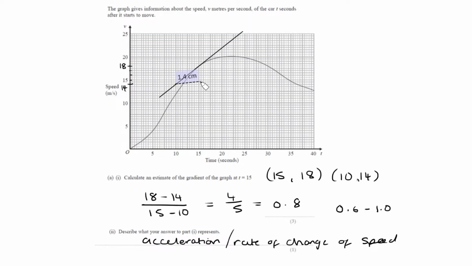I chose this coordinate here, didn't I? And obviously up to, where was it, 15. You could draw kind of like a triangle and just count that, if that's what you're meaning. So you could do that and go, oh, okay, what's the difference? Well, it's starting at 14 going up to 18, so that's the difference of 4. And then across it's 5, so then it'd be 4/5. You could do that.